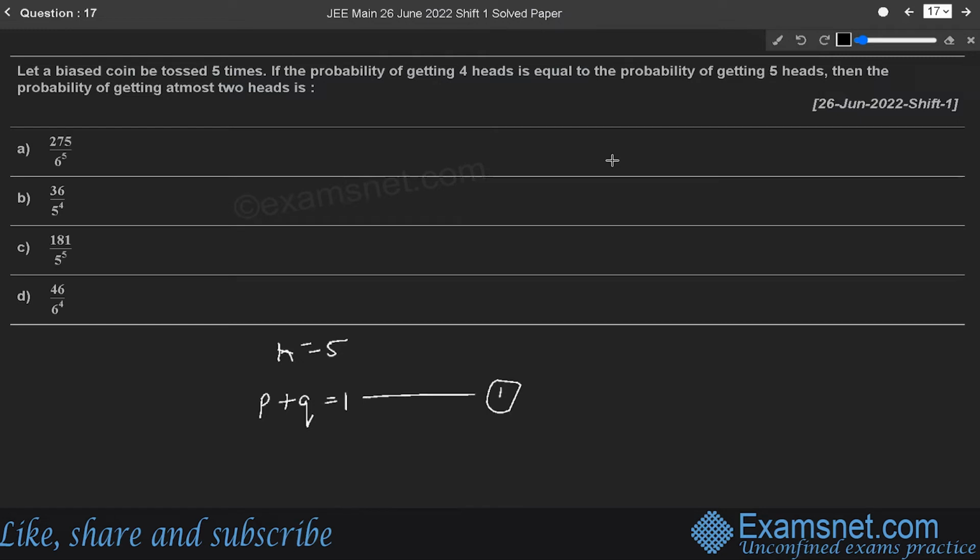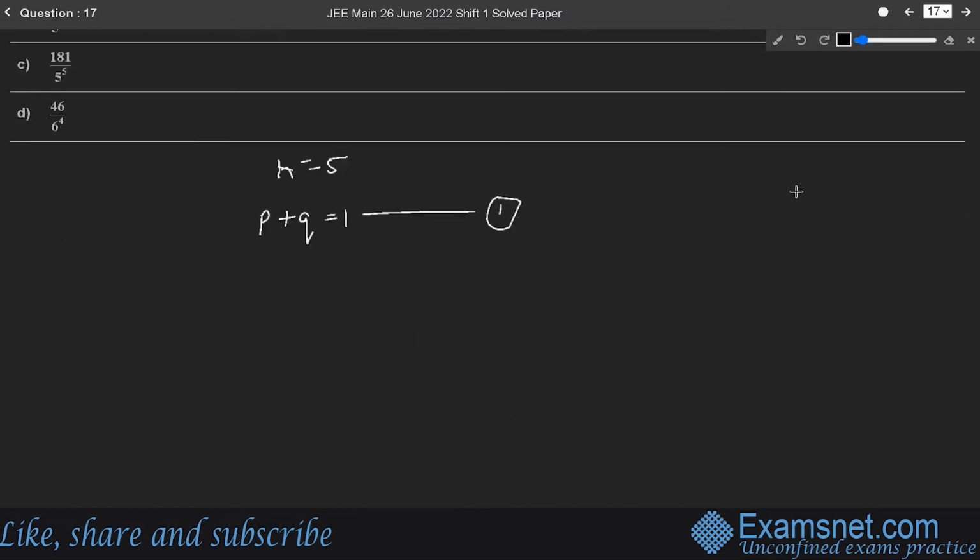Now, we know that the probability of getting 4 heads will be equal to 5C4 × P^4 × Q, because P is the probability of getting heads. Similarly, the probability of getting 5 heads will be equal to 5C5 × P^5.